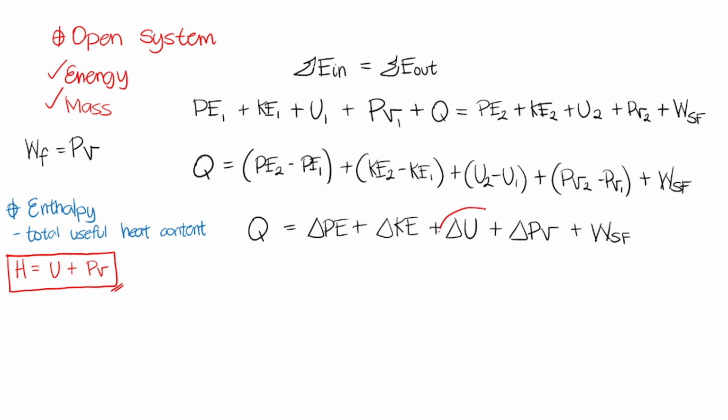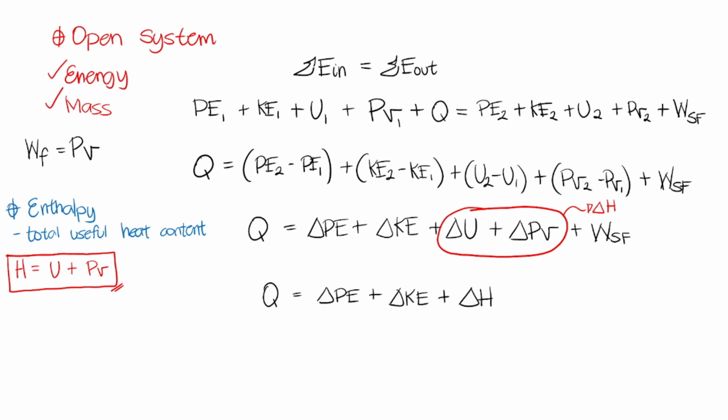And mapapansin nyo that we have here internal energy plus the flow work. And we could rewrite this as H, but since it's change in internal energy plus change in flow work, this should also be change in enthalpy. And rewriting our equation, we will arrive with Q is equal to the change in potential energy plus the change in kinetic energy, plus again, since the sum of internal energy and flow work is enthalpy, we have here the change in enthalpy.